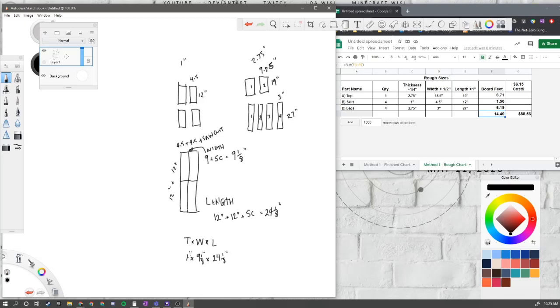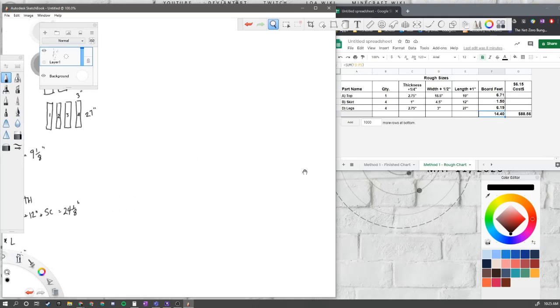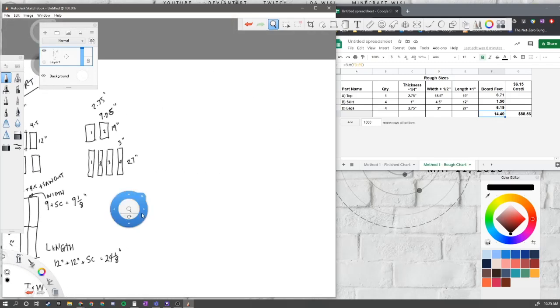Okay, and that's for the skirt. All right, so then to zoom over, and we'll do the tabletop now.